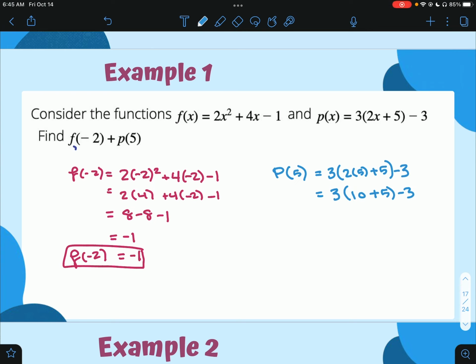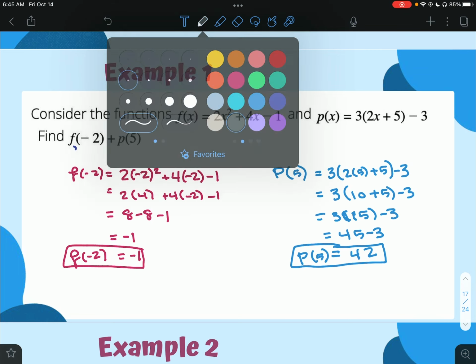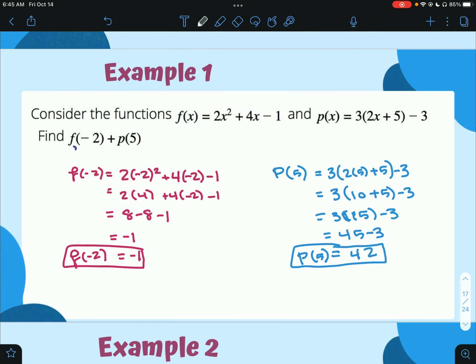Now, some of you will want to distribute that, or you can simplify inside first. So we get 42. P of 5 is equal to 42. Remember, that is not multiplication. That's just the title of it. P of, F of.